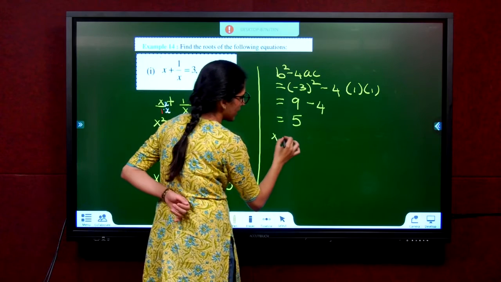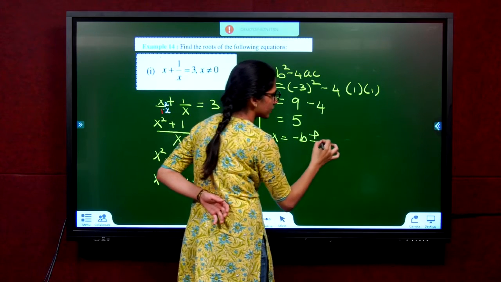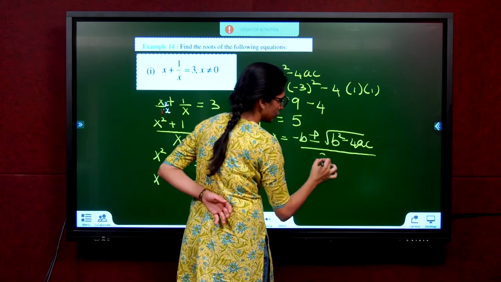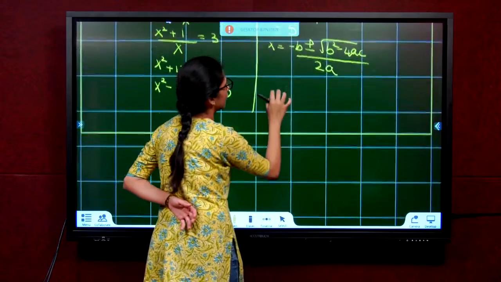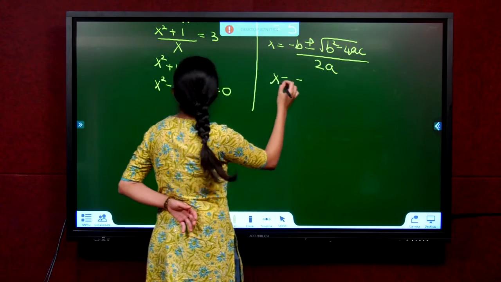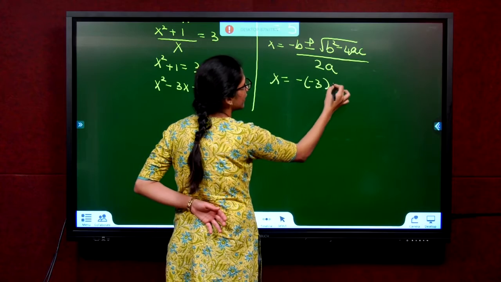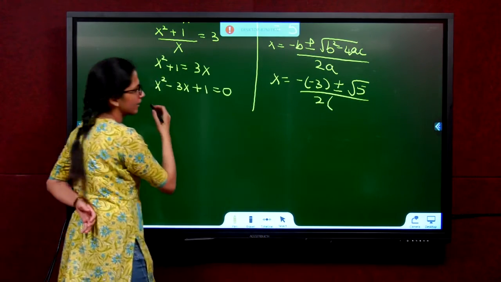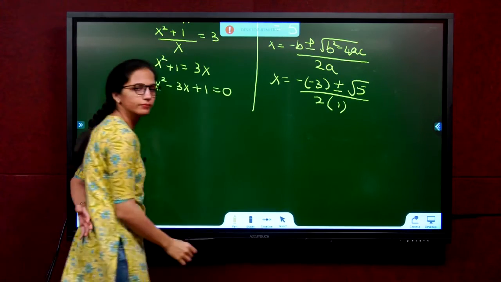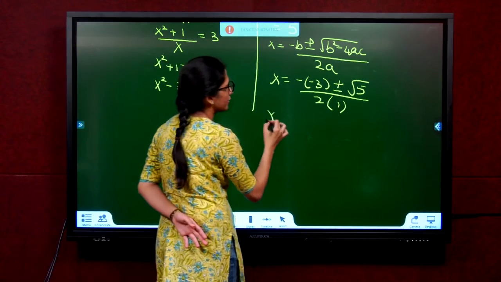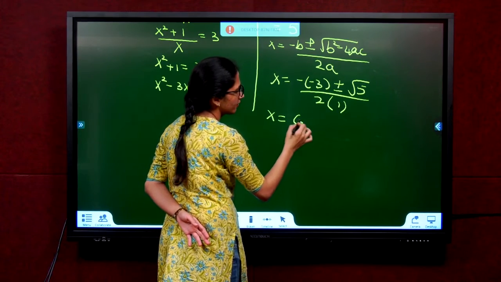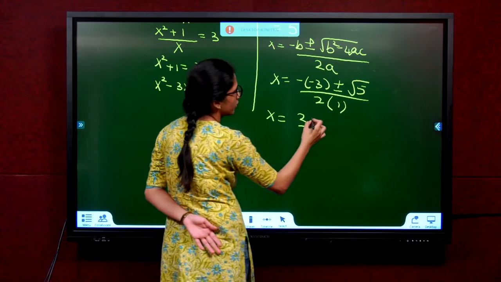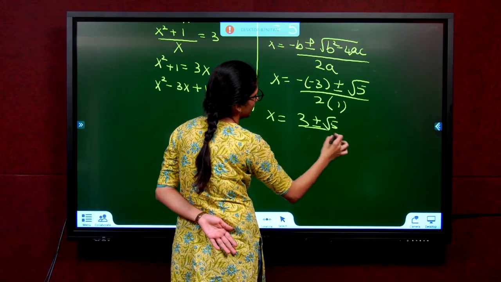Applying the formula, x is equal to minus b plus or minus root of b square minus 4ac by 2a. x is equal to minus of minus 3 plus or minus root 5 by 2 into a. A is 1. x is equal to 3 plus or minus root 5 by 2.